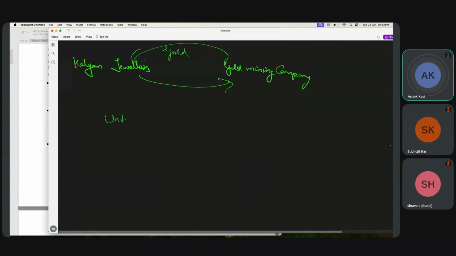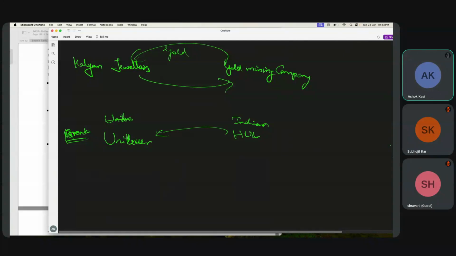Unilever company is there. Now Unilever and Hindustan Unilever, what is the difference? Hindustan Unilever is the subsidiary and Unilever is the parent company. This parent company is a European company, and Hindustan Unilever is an Indian one.